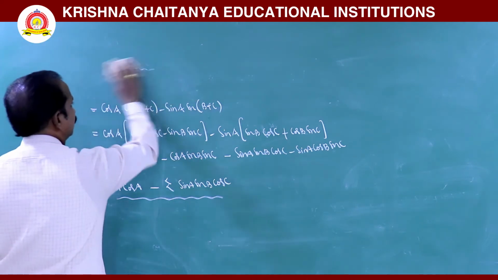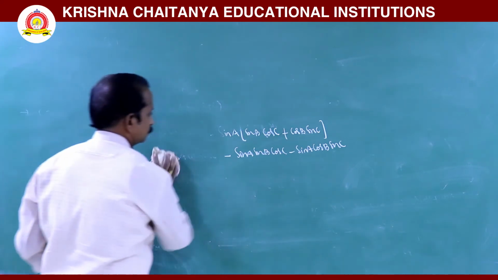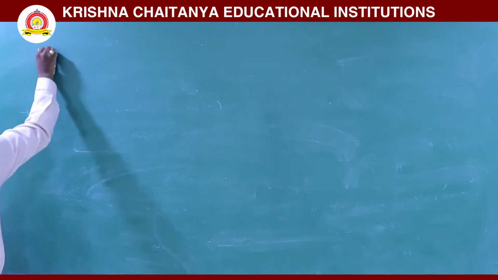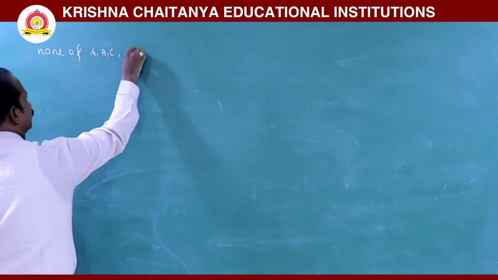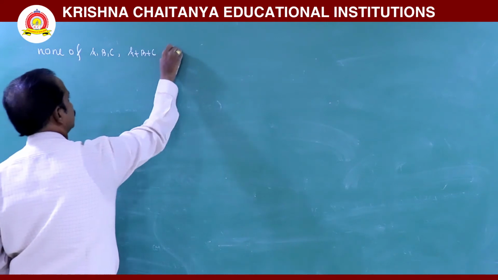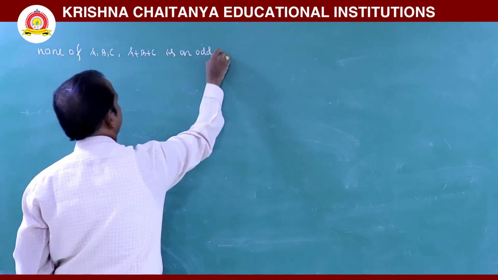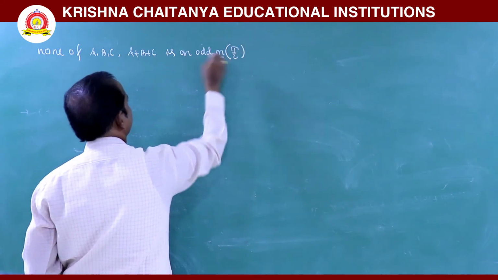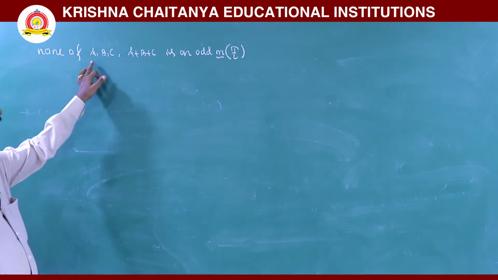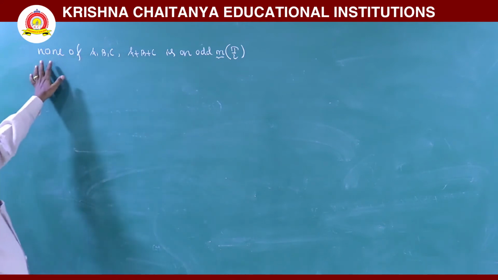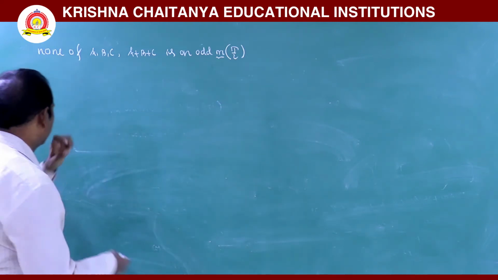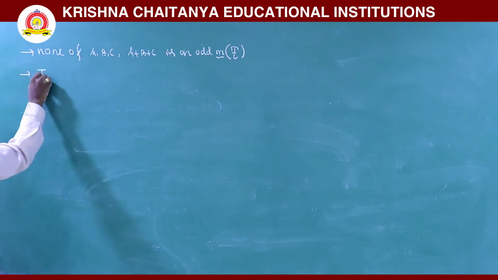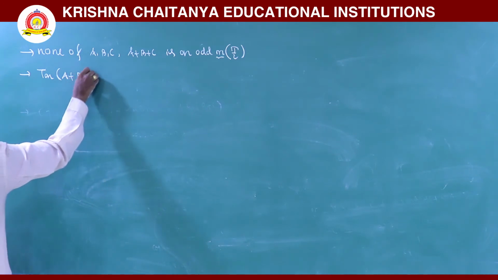Is there any restriction on the angles A, B, C? Yes: none of A, B, C and A+B+C should be an odd multiple of pi by 2, meaning not pi by 2, 3 pi by 2, 5 pi by 2, 7 pi by 2, etc. So we can derive the value of tan(A+B+C).